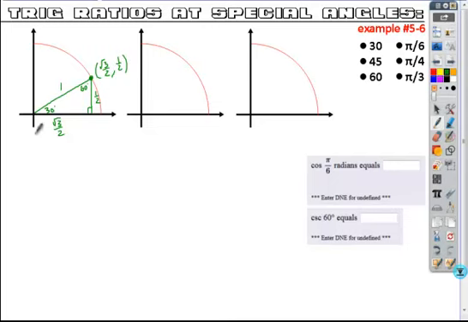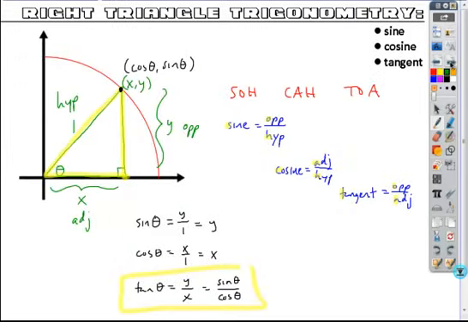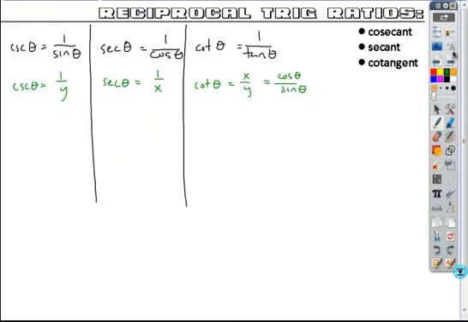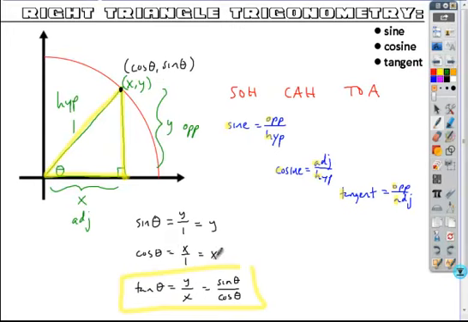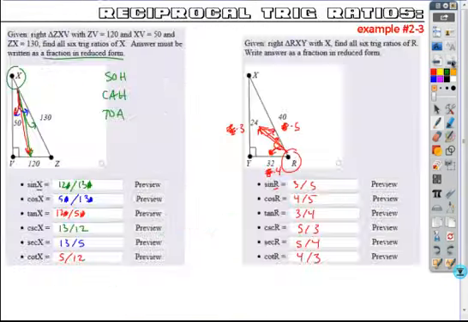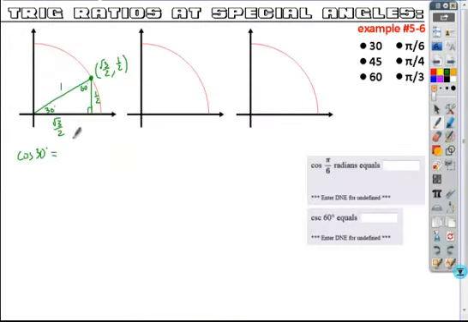When you're looking at this angle, what did we say the cosine of an angle on the unit circle was equivalent to? The cosine is the x coordinate, so the x coordinate is root 3 over 2. The sine is the y coordinate, which in this case is 1/2.